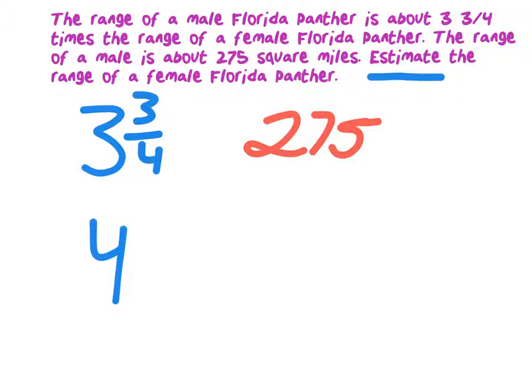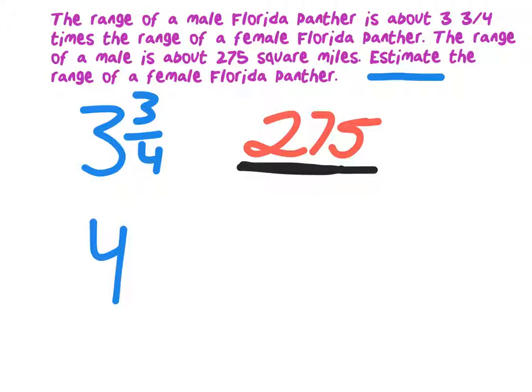Okay? Now, the next thing that I need to do is look for a compatible number in 275. And when I do that, I'm going to think to myself, is there a number close to 27 that 4 can go into? It can't go into 25. It doesn't go into 26. It doesn't go into 27.